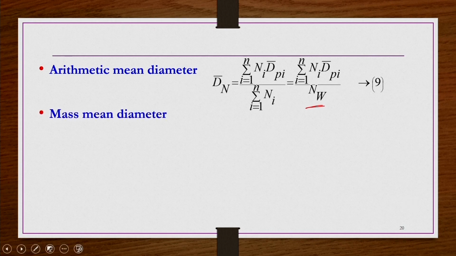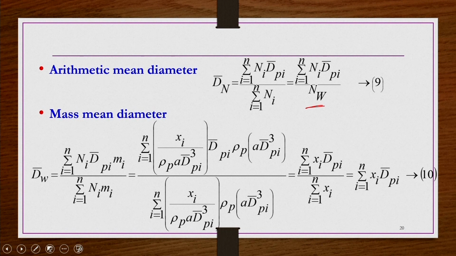Likewise, for the mass mean diameter, you have dw bar is equal to sigma Ni dpi bar mi divided by sigma Ni mi. Ni is nothing but xi by rho p Vp. Actually, this Ni is mi by rho p Vp.